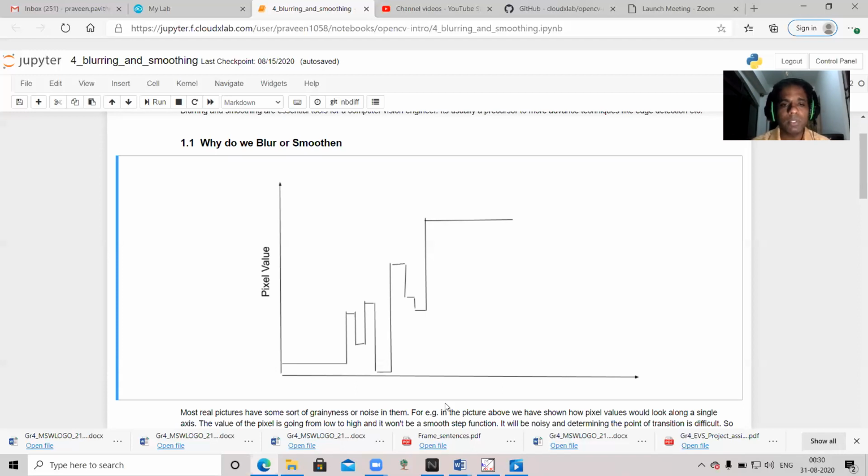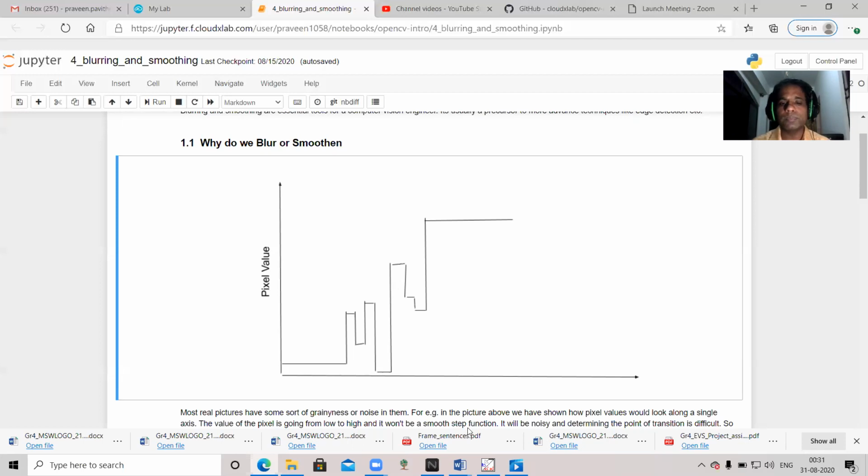In a real image, what I have is graininess. I don't have a point where this jump happened very suddenly, nor is it smoothened out. What I have is some sort of graininess in the middle, and it's very difficult for algorithms to decide what is the exact point at which an edge should be declared.